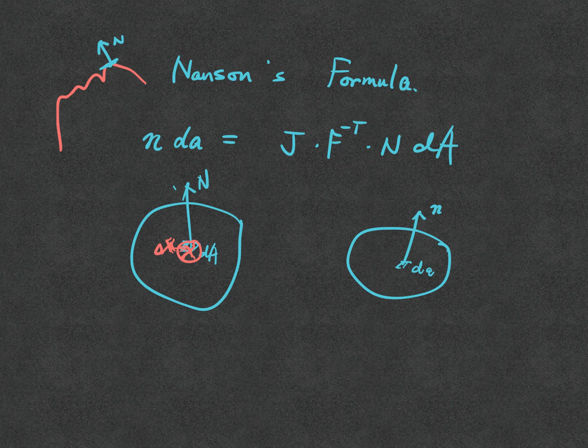Okay, so now, why would this happen? Why would I need to provide a J and F minus T? What's going on here? First, it's coming from the dA. What is the relationship between this dA and this da? If I have a reference area here, how do I know what the new area da is?